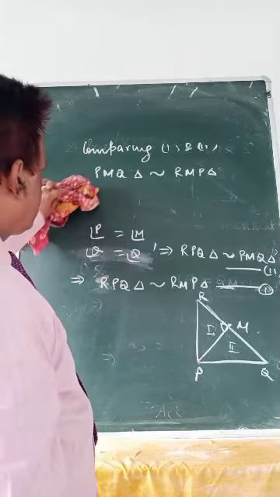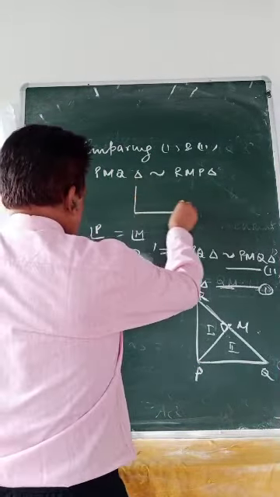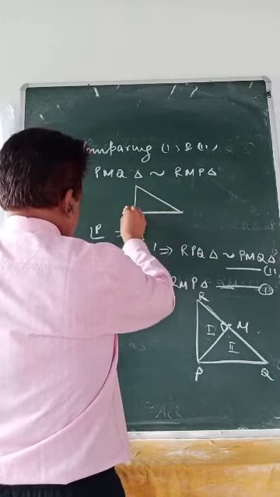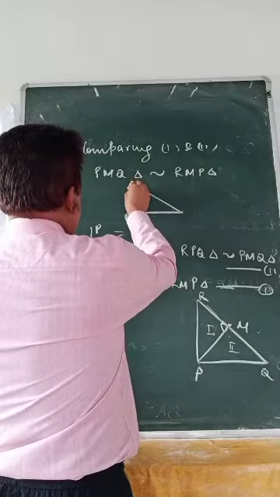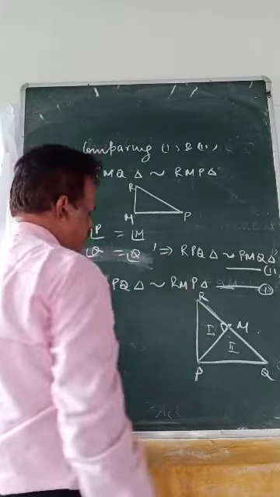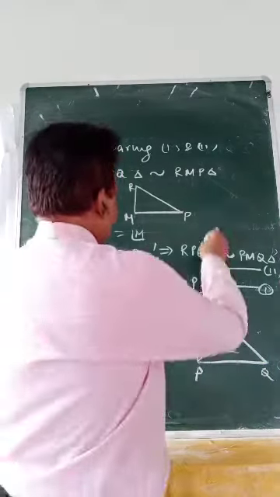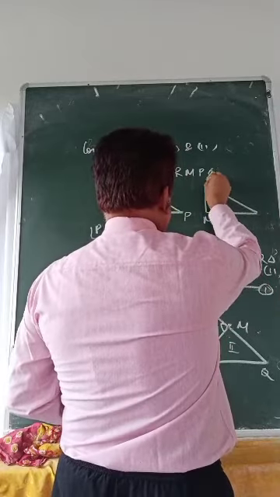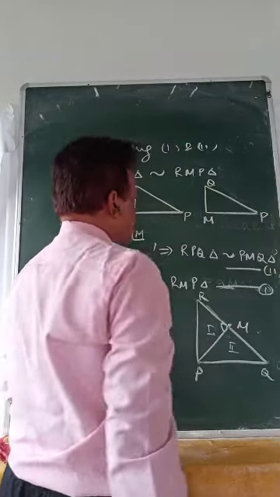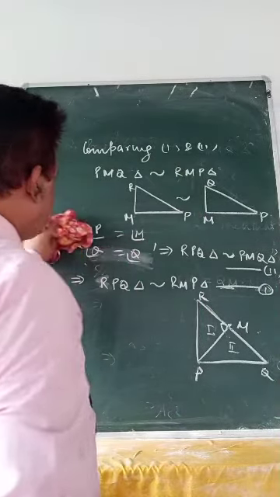So common, you try to see here. This is M, MRP, then MQP. So similar. So similar means what you will get?